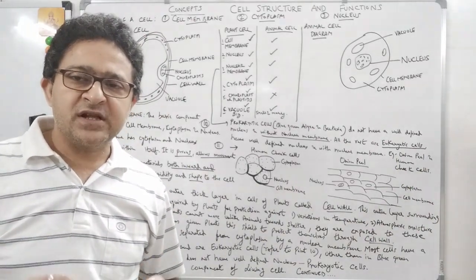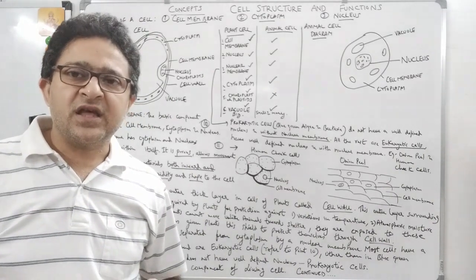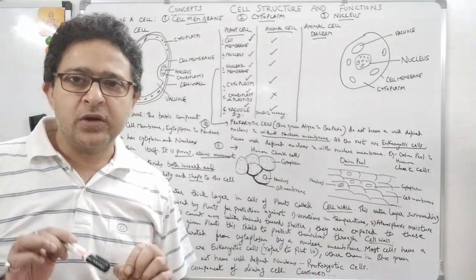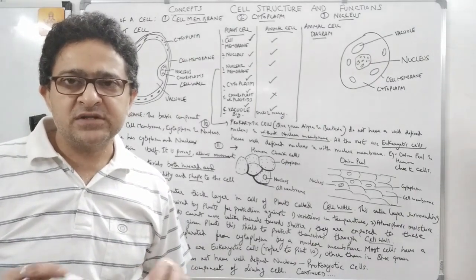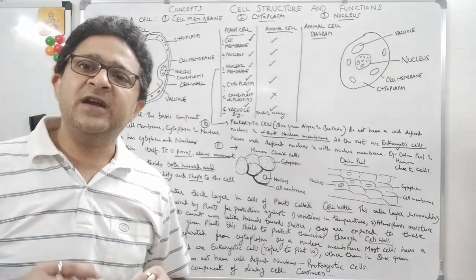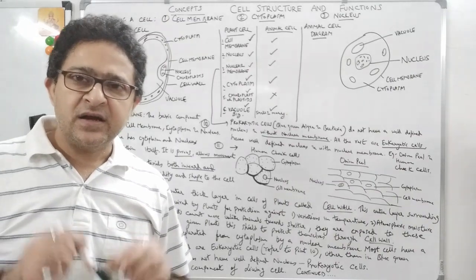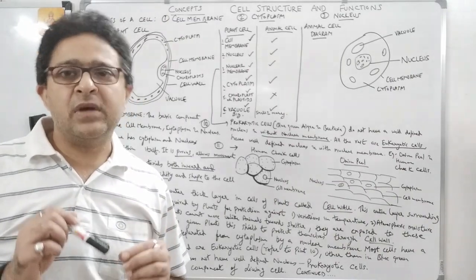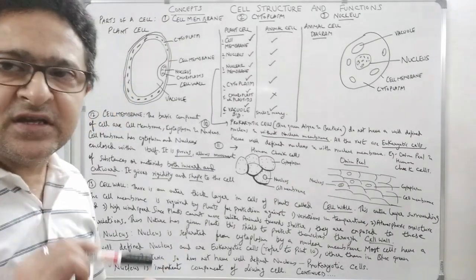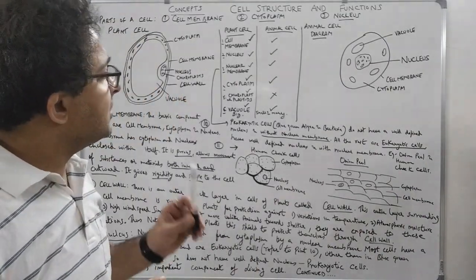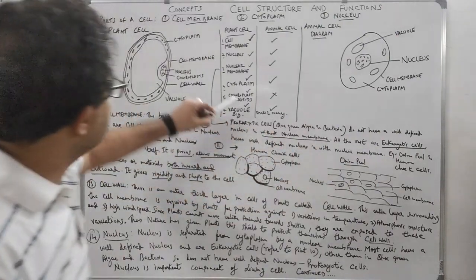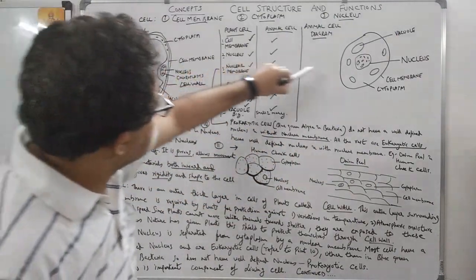Most of the cells are eukaryotic, and they have a defined nucleus and a nuclear membrane, like humans, dogs, mammals. Nuclear membrane is the outer layering of the nucleus. So they are eukaryotic cells. So nuclear membrane is present in both.